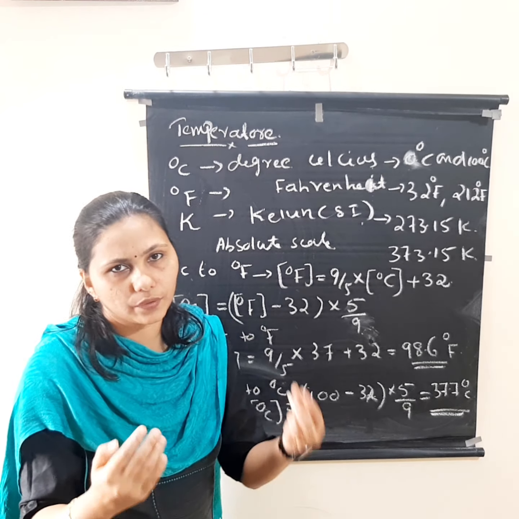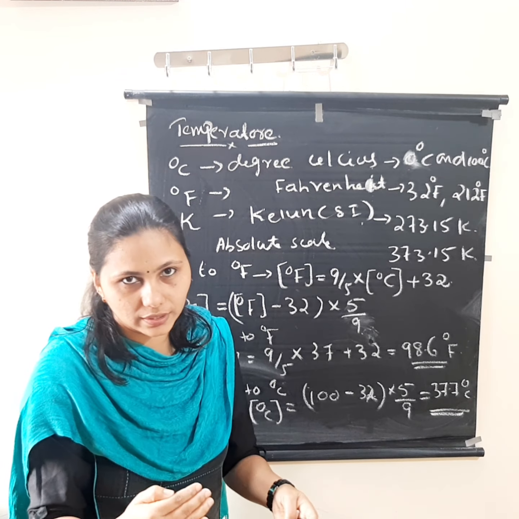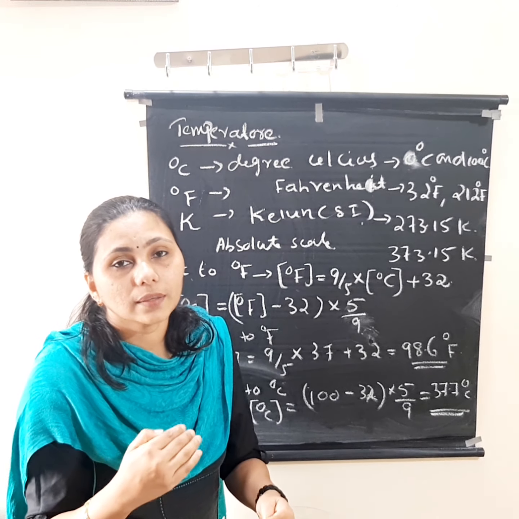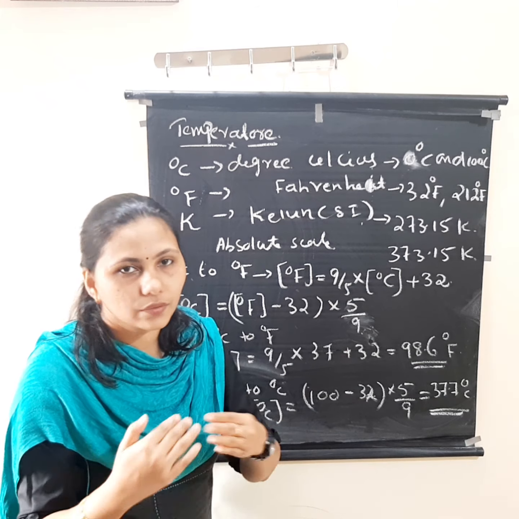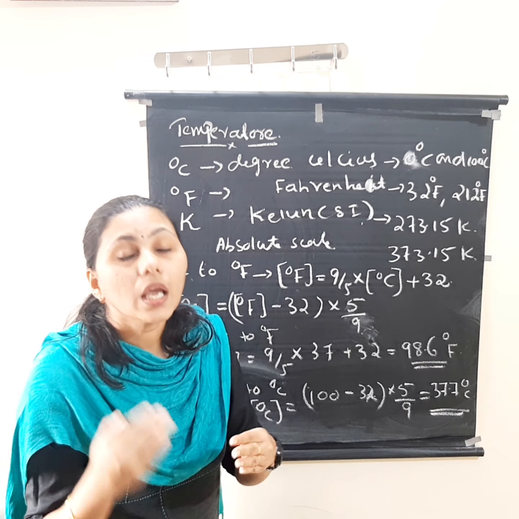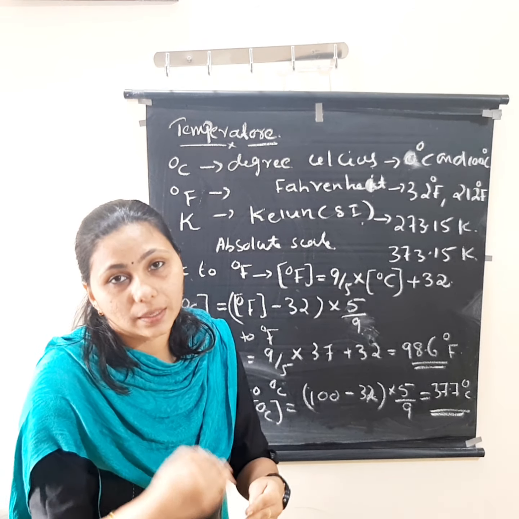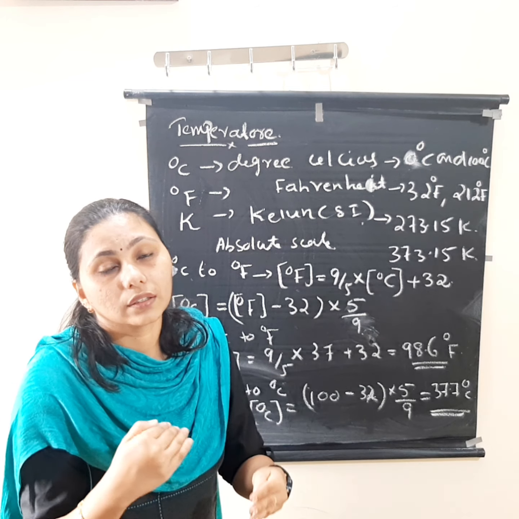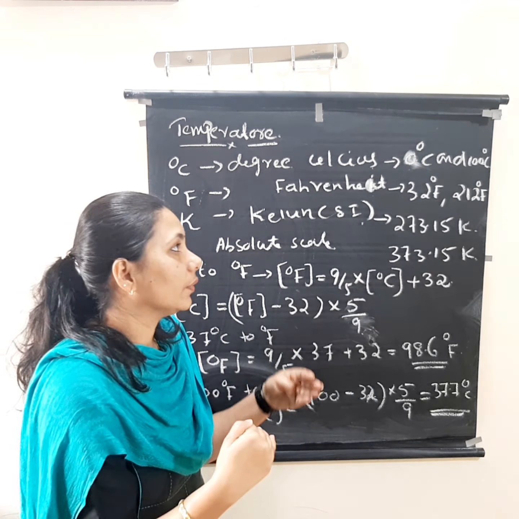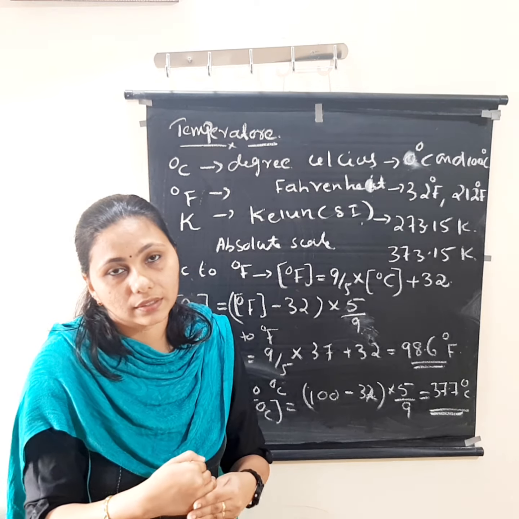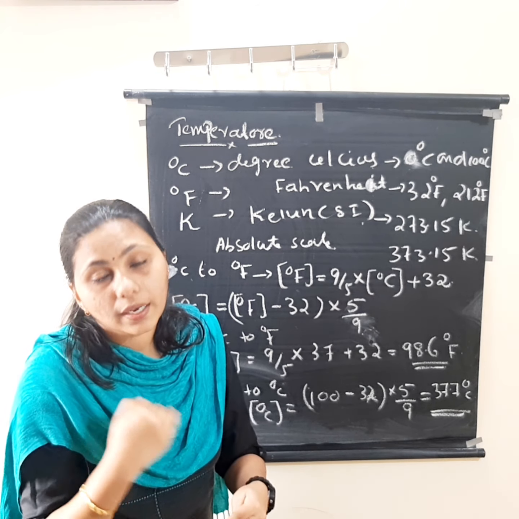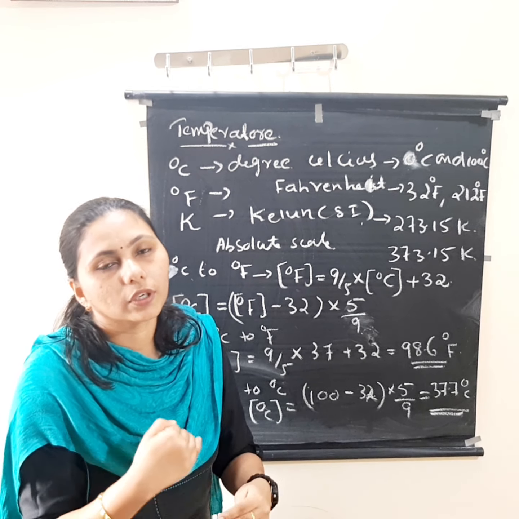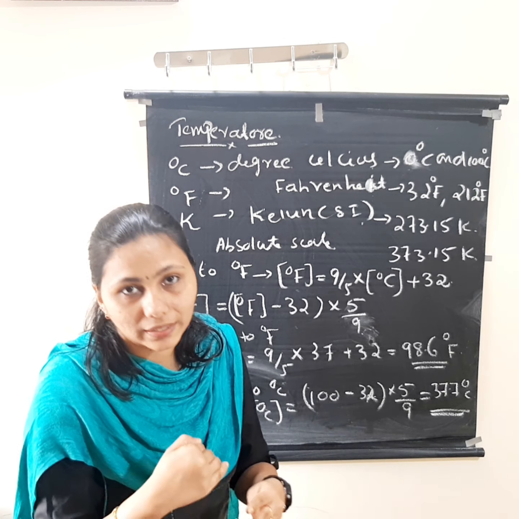All of you know the freezing point of water is 0 degrees Celsius, where it will freeze, and the boiling point is 100 degrees Celsius, where water will boil. The scale giving 0 degrees Celsius as the freezing point and 100 degrees Celsius as the boiling point of water is known as the degree Celsius scale.